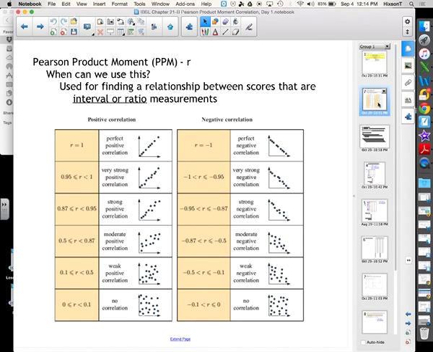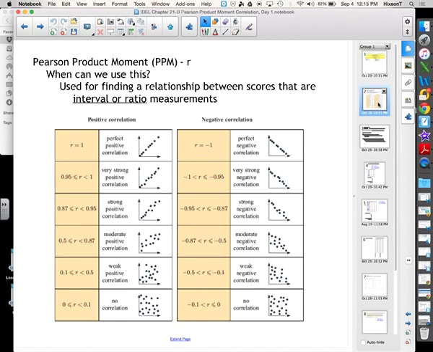These are not good enough descriptors if you decide to do some kind of a correlation test for your IA. Because what does this not take into account? Outliers. Well, it would take into account outliers, actually.